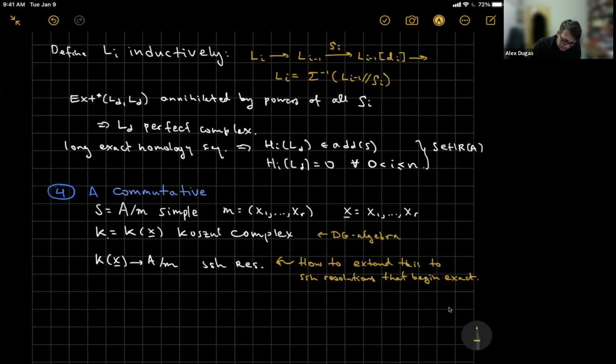And then we can take a semi-free resolution F of A mod M, the simple module. Think of it as a DG K module. And this is a quasi-isomorphism here.